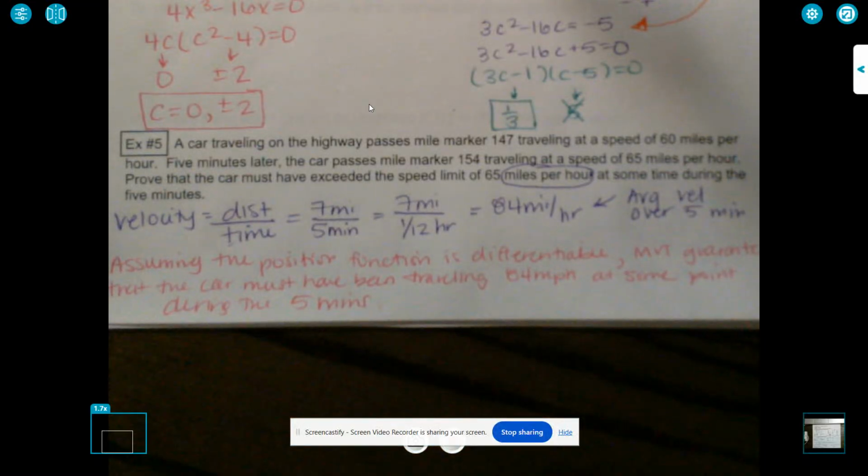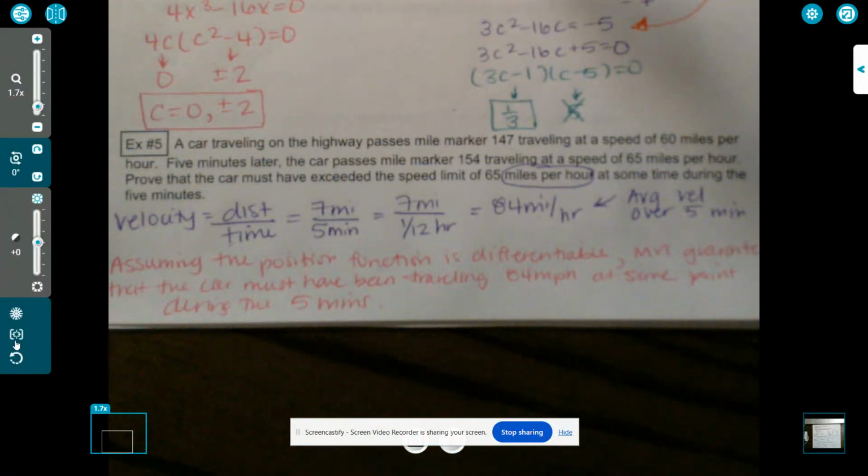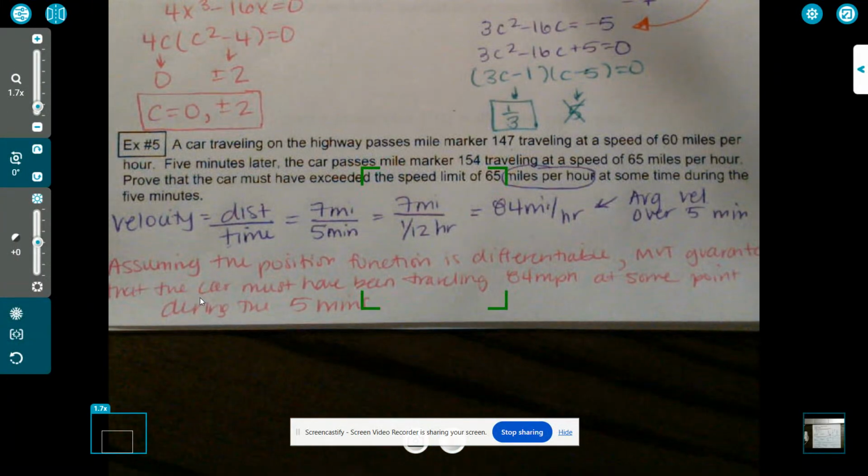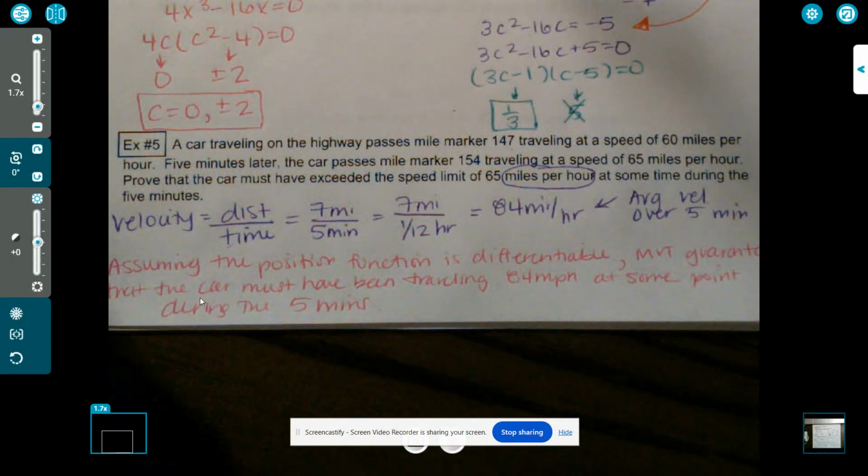So somewhere over those 5 minutes, sorry, this is so blurry, it is guaranteed that the car must have been traveling 84 miles per hour.